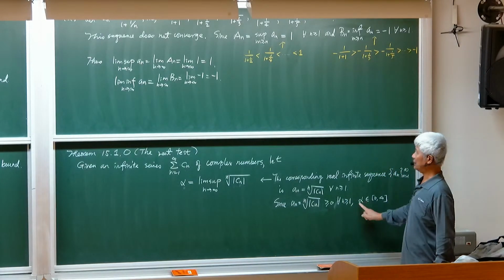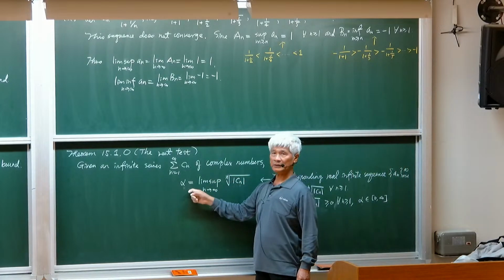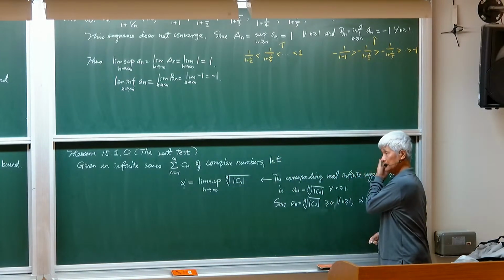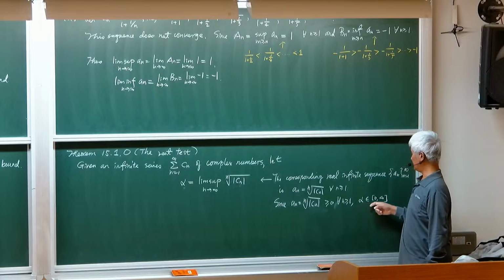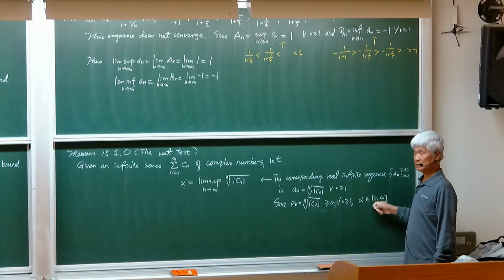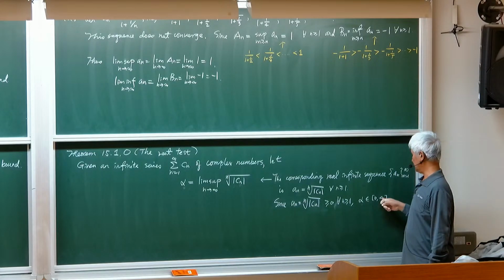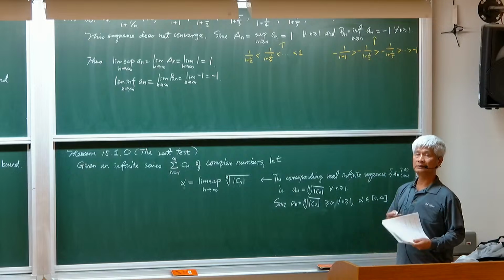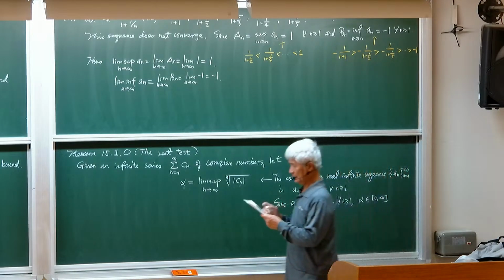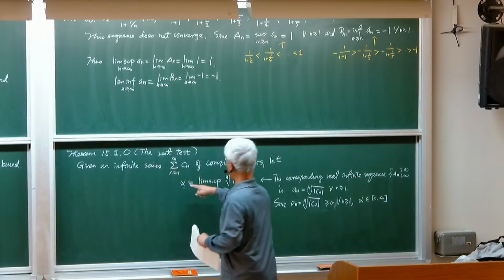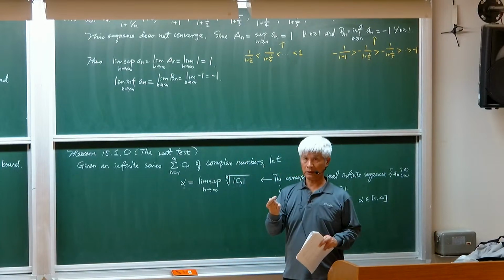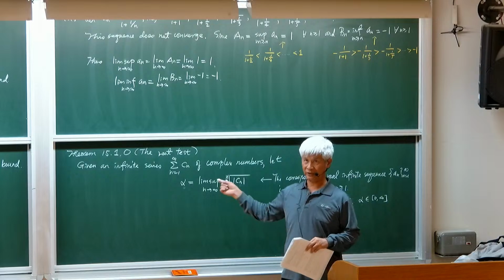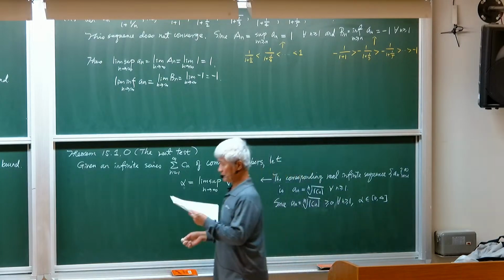So alpha is greater than or equal to 0, but less than or equal to infinity. It can be 0 or it can be infinite. So alpha always exists, and in principle you are able to compute this alpha.